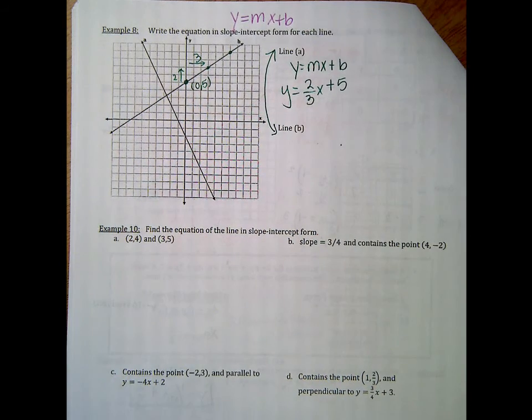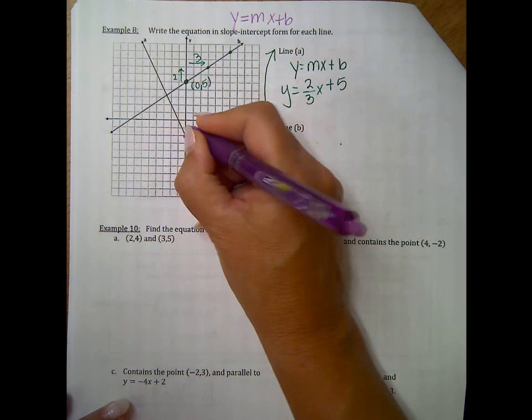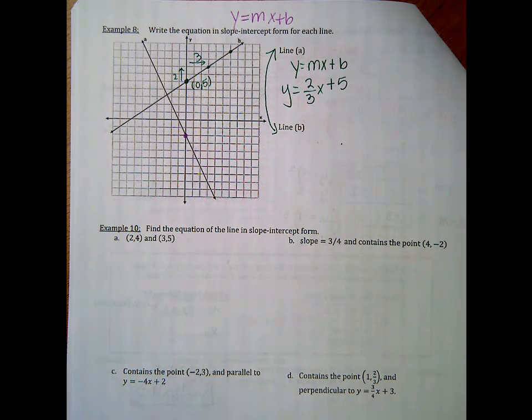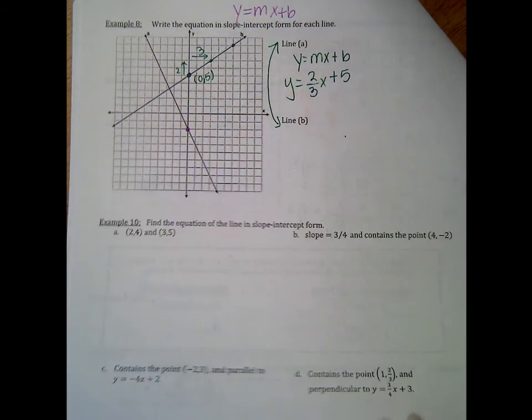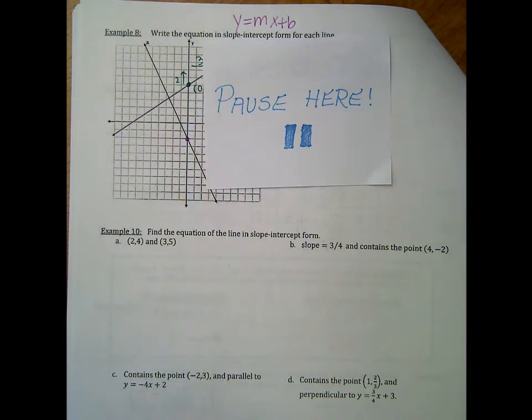Okay, for line A, let's find our y-intercept and our slope, and pause here and see if you can find what y equals mx plus b is actually equal to, and then come back and check.